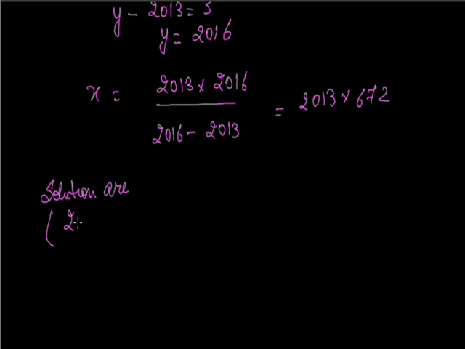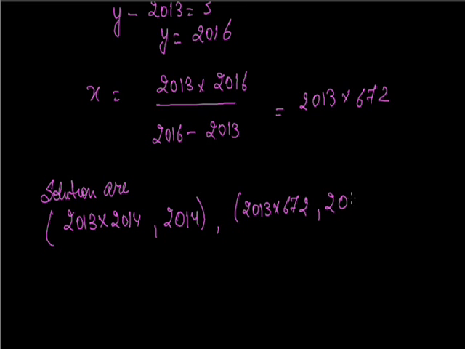first, x is 2013 into 2014 at y equal to 2014. Similarly, next will be 2013 into 672 at y equal to 2016. Similarly, 2013 into 184 at y equal to 2024.